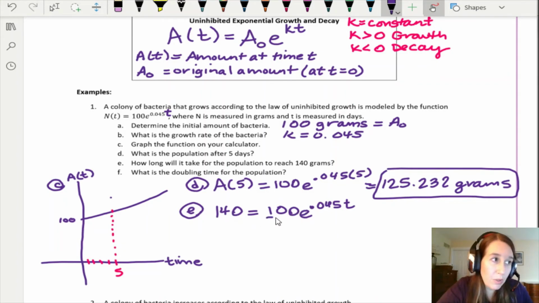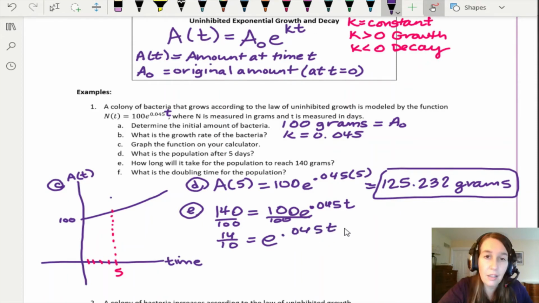So first we would divide both sides by 100. So 140 over 100, I'm just going to change that to 14 over 10. I know I could reduce it further, but that's fine. And then e to the 0.045t. So now we're going to change this to log form.